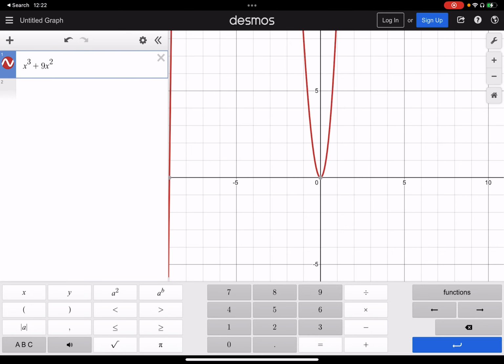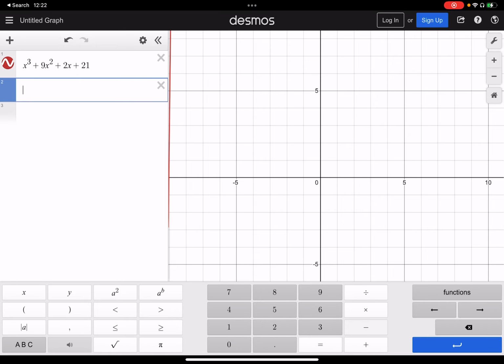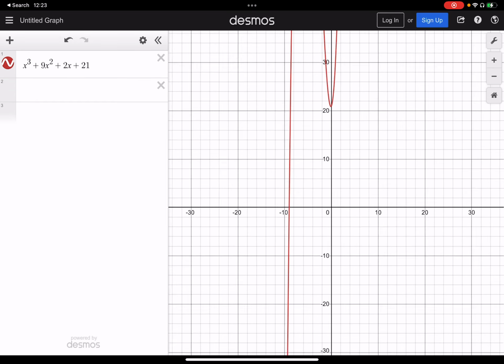Sorry, I keep forgetting. Plus 2x plus 21. Okay, let me zoom out.